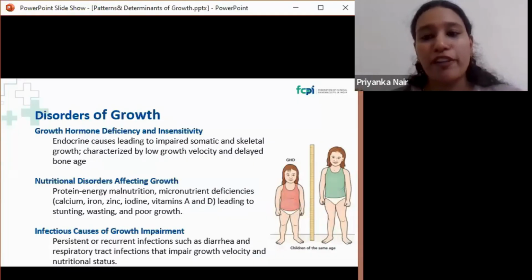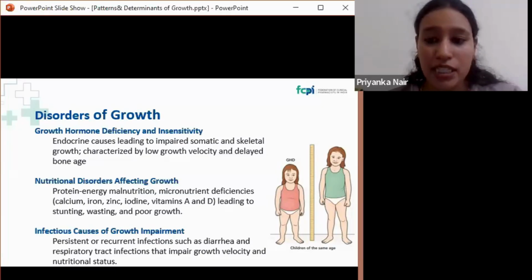Then there is growth hormone deficiency and insensitivity. Endocrine causes leading to impaired somatic and skeletal growth, and this is characterized by low growth velocity and delayed bone age. Then there are nutritional disorders affecting growth, that is protein energy malnutrition, micronutrient deficiencies like calcium, iron, zinc, iodine, and vitamins A and D, leading to stunting, wasting, and poor growth.